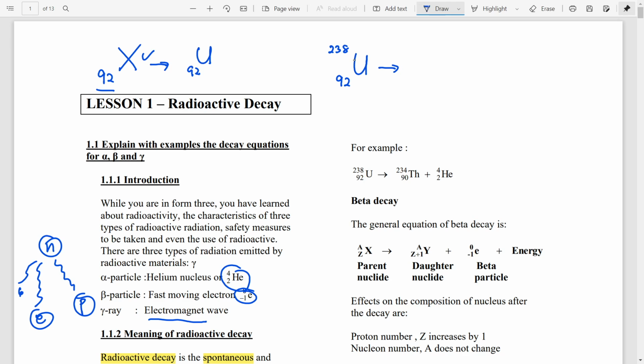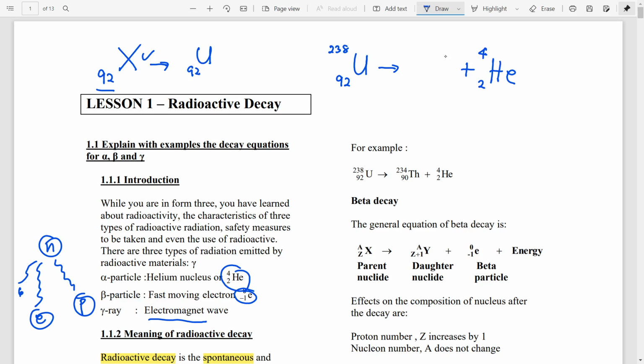Let's say this uranium will undergo the process of alpha decay. So we know that it will emit an alpha particle. The alpha particle is 4 and 2. So what is the daughter nucleus here? What is the new nucleus that will be produced by emitting an alpha particle from the uranium?